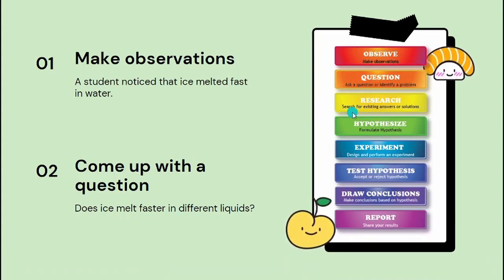If the answer already exists, then there's no need to repeat the research. Or you can repeat the research but you have to make some changes. There will be modification.